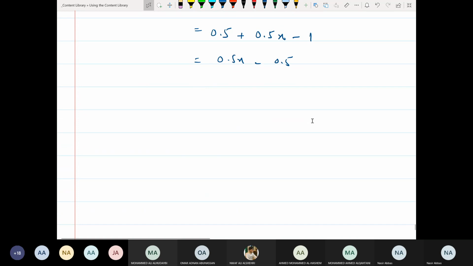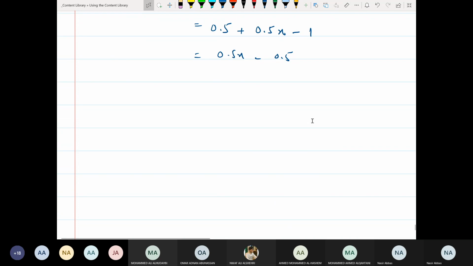Okay, now I will summarize the things that we have done so far. The summary of the continuous random variable is as follows.